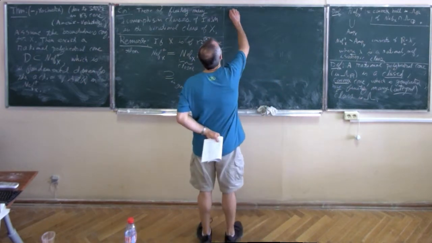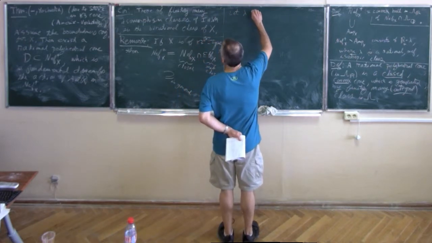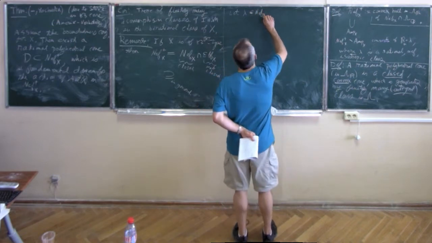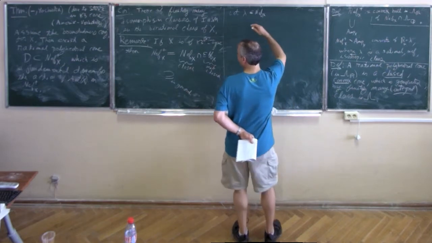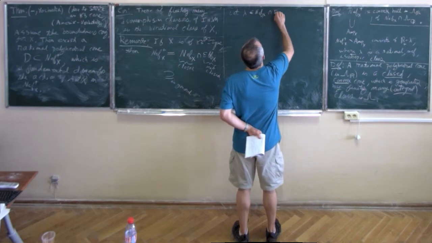So let lambda be NF. There is a remark in our paper where it follows from Boucksom's divisorial Zariski decomposition. Actually, it's elementary. Here it is.